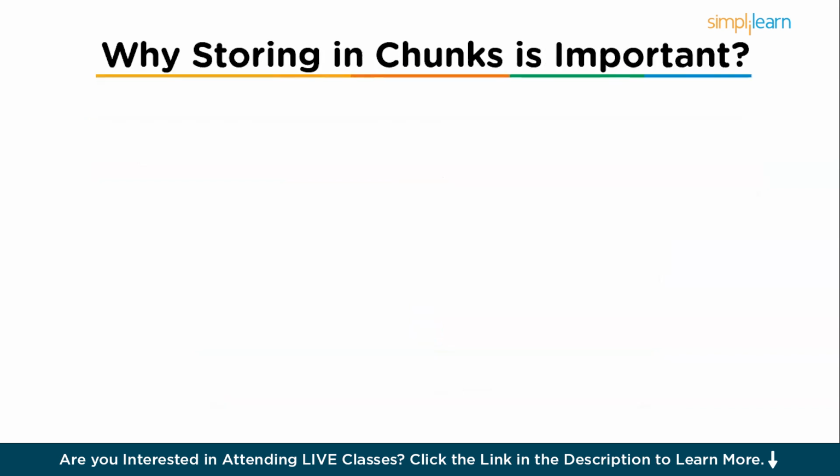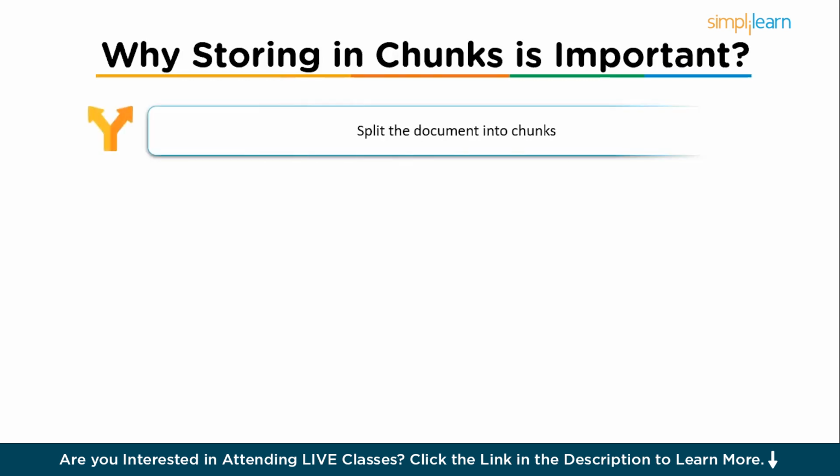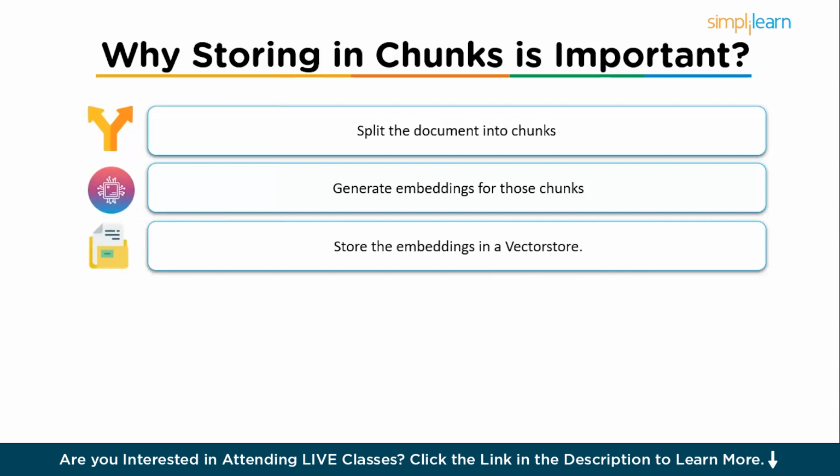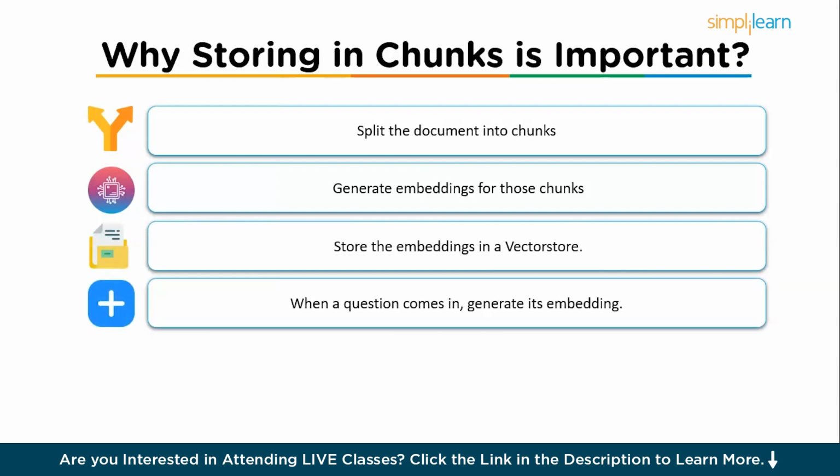Let's now see how they work together, and why storing in chunks is so important. Putting it all together, you split the document into chunks. Then you generate embeddings for those chunks as well, and you store the embeddings in a vector store. When a question comes in, you generate its embedding.